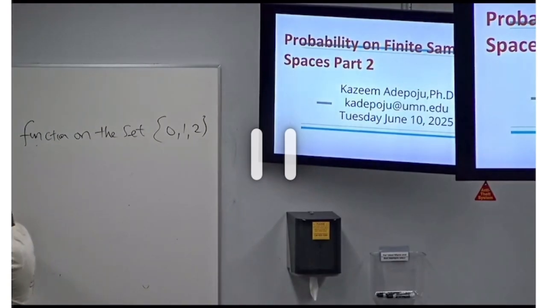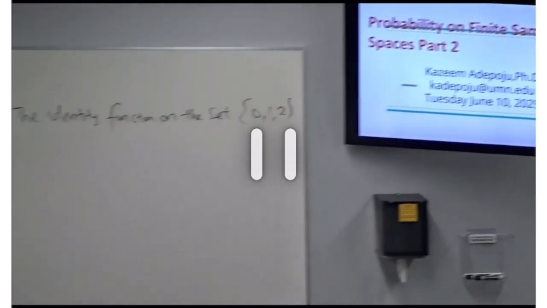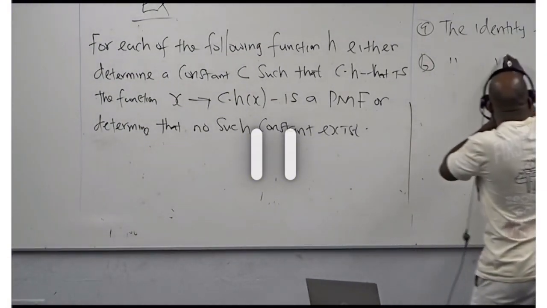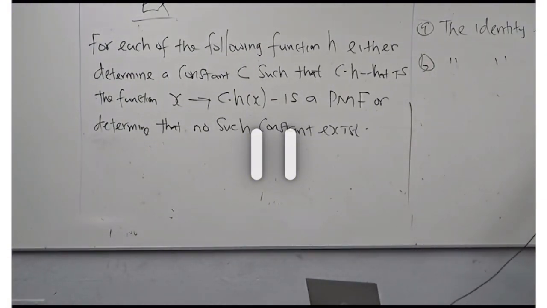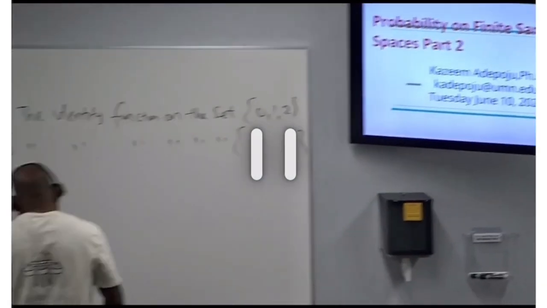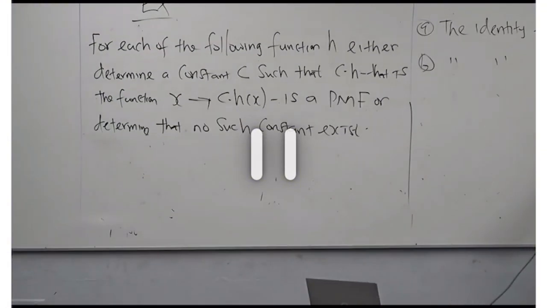Then another one, B: the identity function on the set -2, -1, 0, 1, 2.